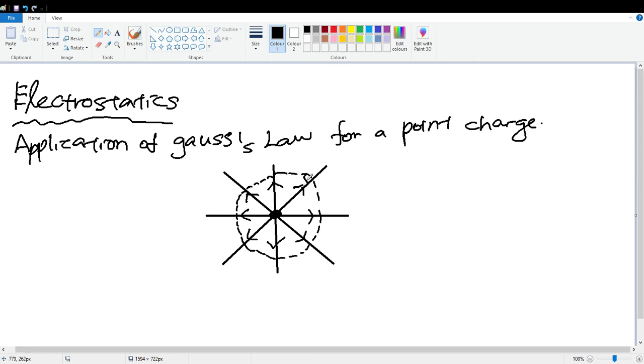So this is perpendicular, and the same goes for the others. This Gaussian surface is perpendicular to the electric field lines produced by the positive charge.